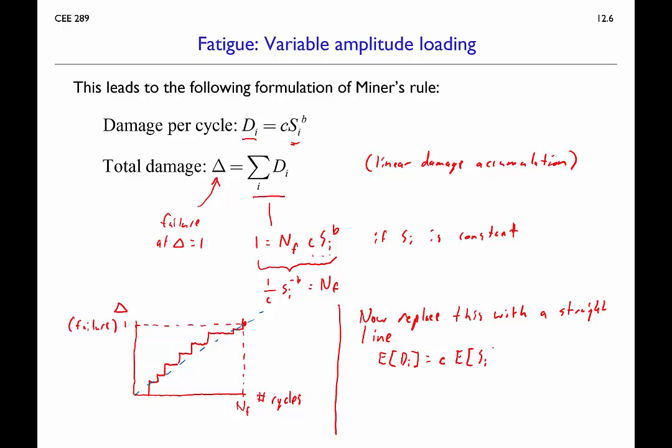But S_i to the power B stays in the expectation because S_i is unknown for a particular cycle. And then the expected value of delta, the total accumulated damage, at some instant of time or after some number of cycles, is going to be the sum over all the cycles that have happened of the expected value of D_i.